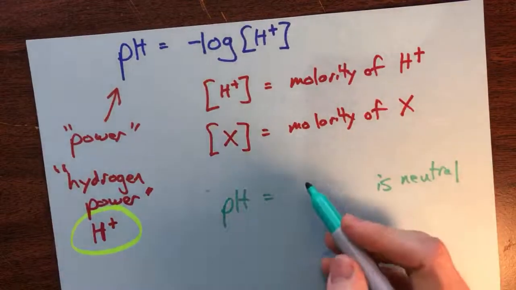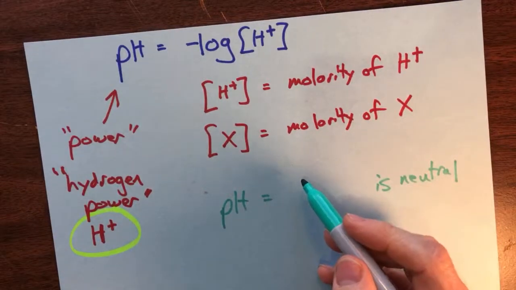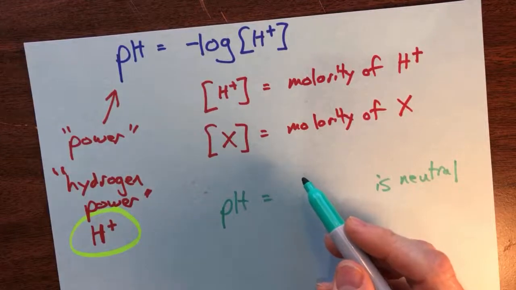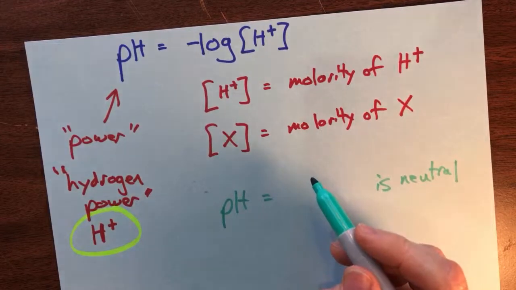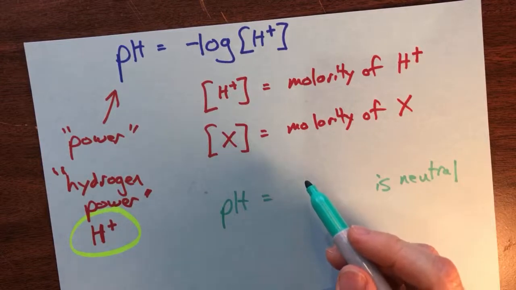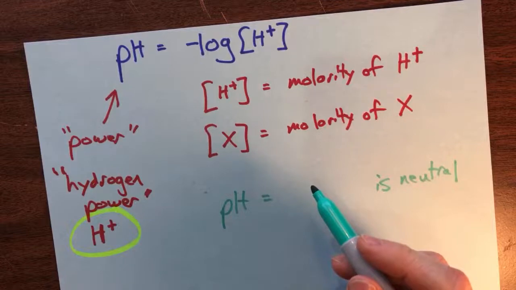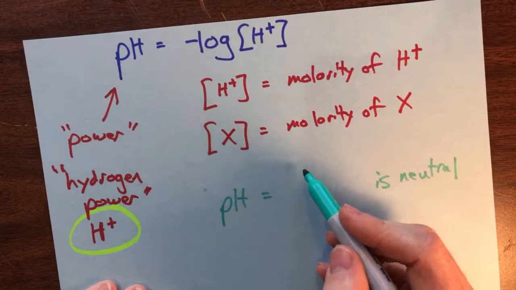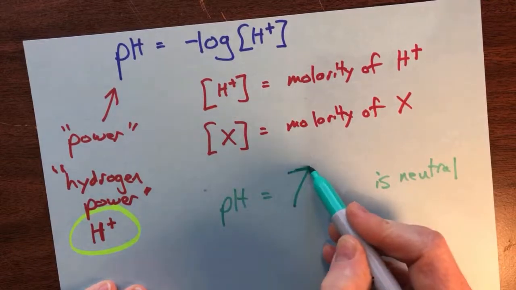Not 0. 0 is actually acidic. Any other answers? 0 would make a whole lot of sense, you'd think, but it's actually not. pH of 7 is neutral.